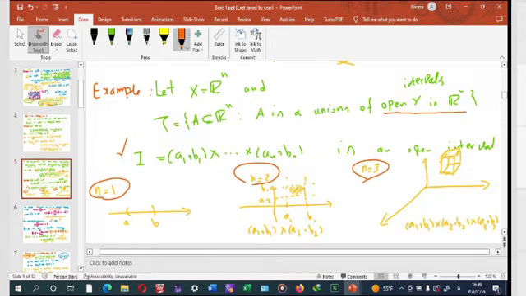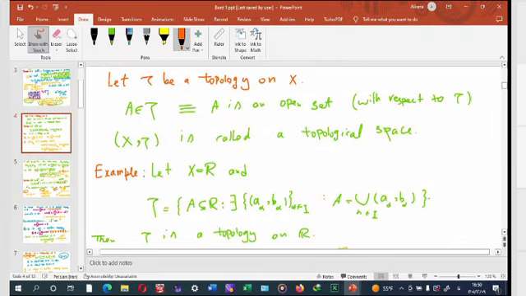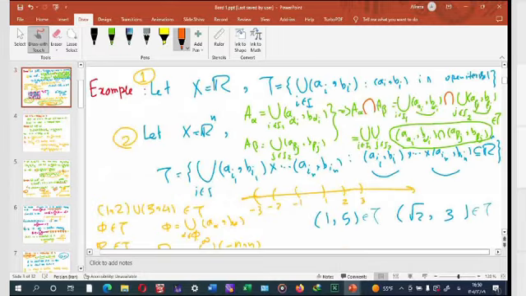And we know that in the Euclidean topology on R to the power of n, we have tau equal to the union of these products. All of these are open intervals in R, and we consider the multiplication of these open intervals n times, because this must be a subset of R to the power of n.